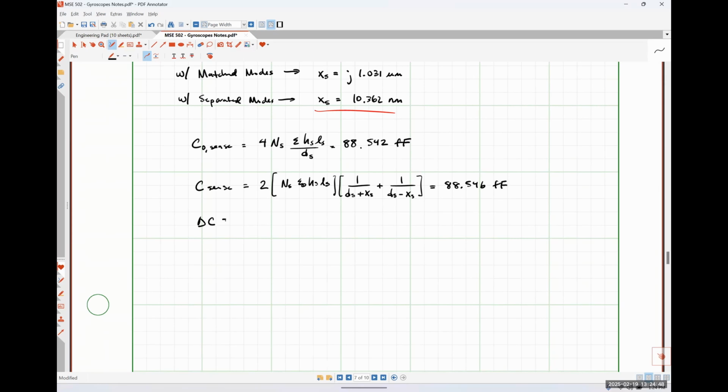And so our change in capacitance is literally a whopping 4-ish, 4.252, just doubling what I had previously, attofarads, or 10 to the minus 18 farads.